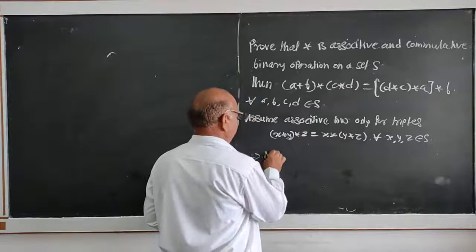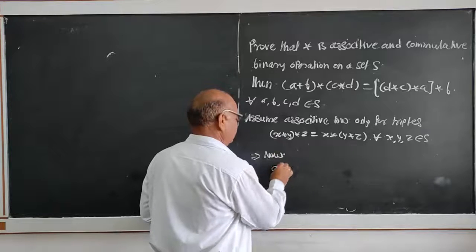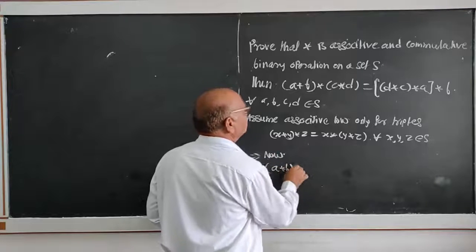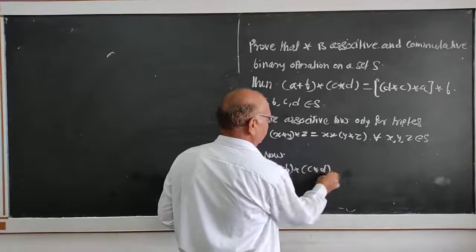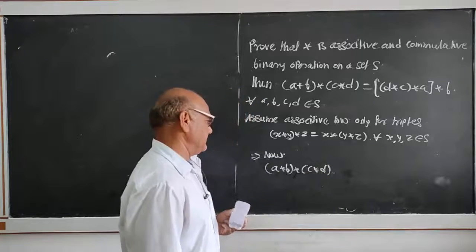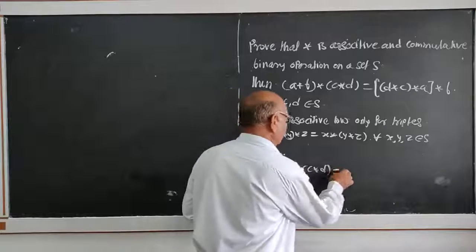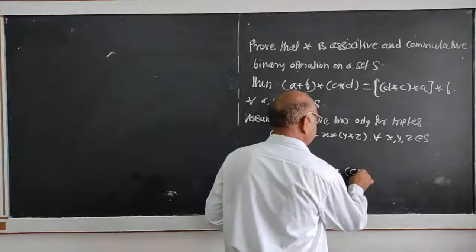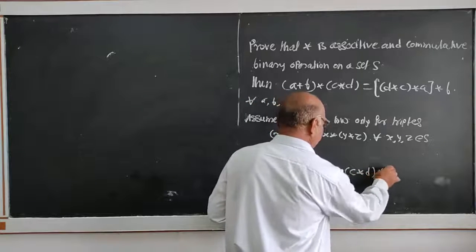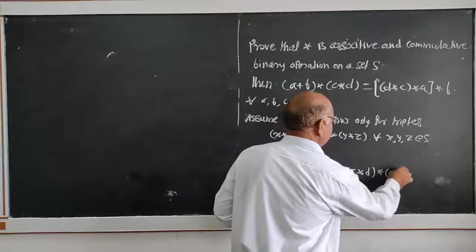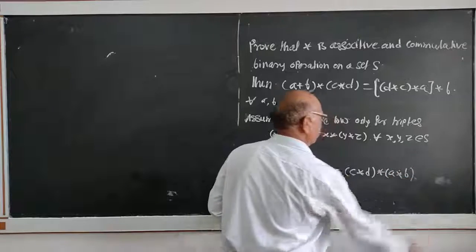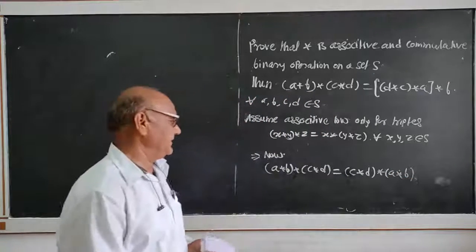Now (A star B) star (C star D). By commutative, this can be written (C star D) star (A star B).